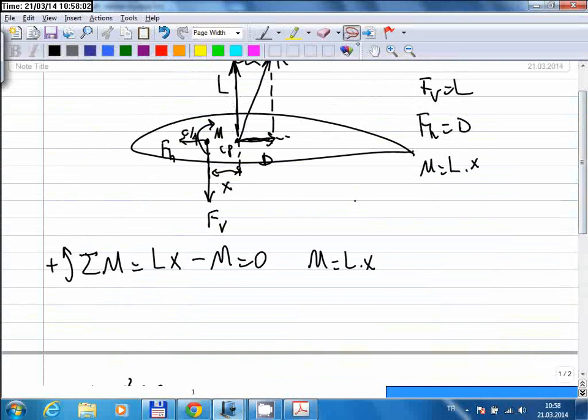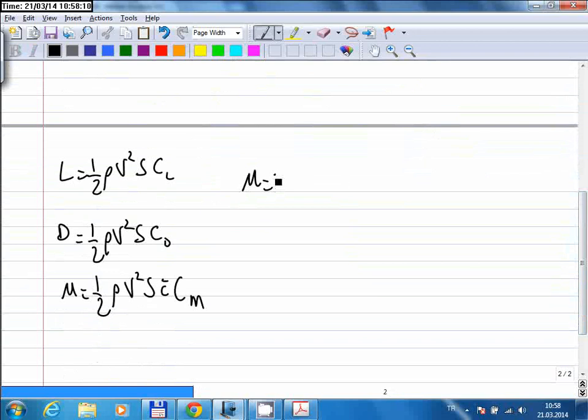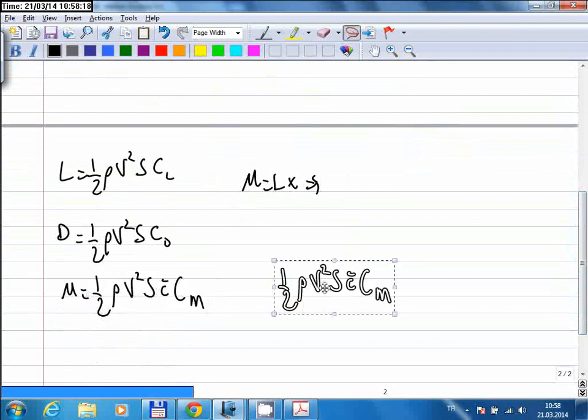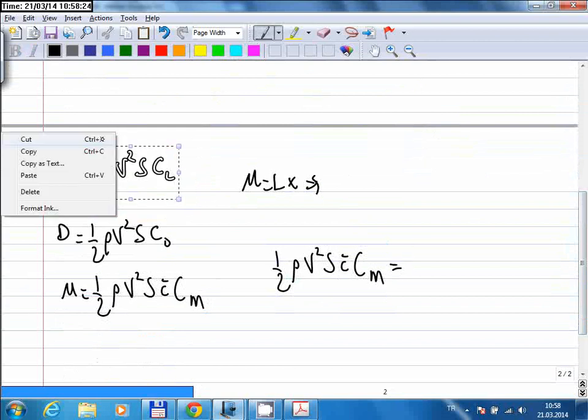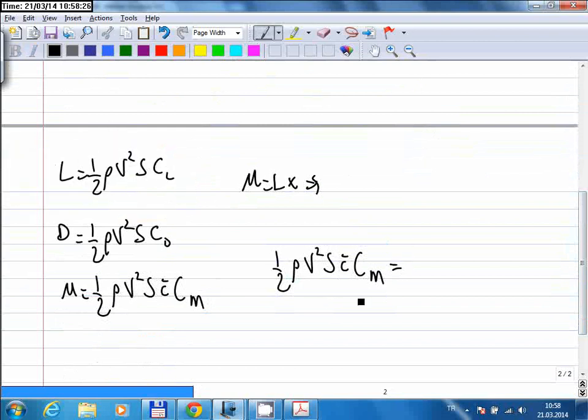So for that, let me use this equation: M is equal to L times X. I can cancel all these terms, V squared, even the S term disappears.